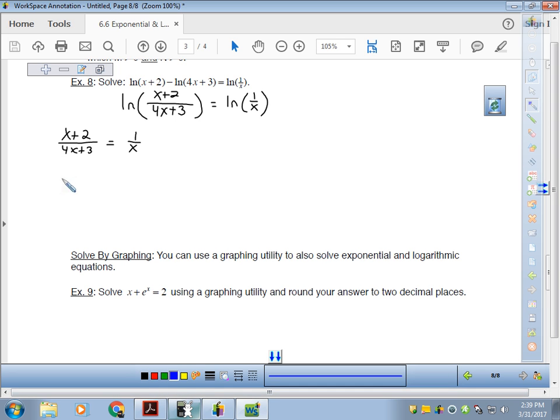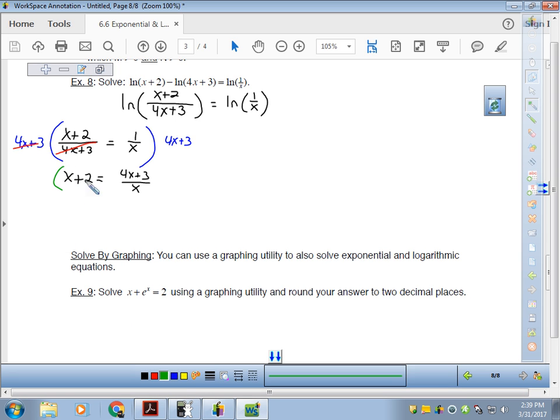The first thing I'm going to do is multiply both sides by 4x plus 3, over here and over here. On the left-hand side, the 4x plus 3's can cancel, and so I just have x plus 2. On the right-hand side, when I multiply, I'll end up with 4x plus 3 over x.